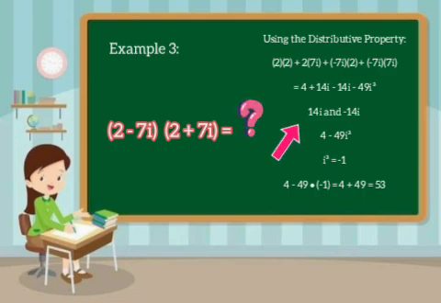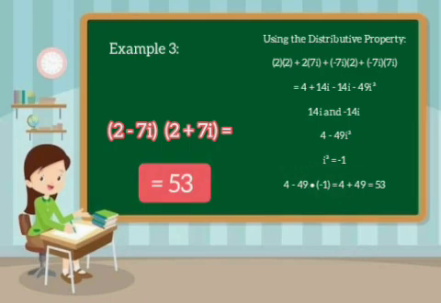Then 14i and -14i cancel out, leaving us 4 minus 49i squared. Since i squared equals -1, this becomes 4 minus 49 multiplied by -1 equals 4 plus 49 equals 53. So our final answer here is 53.